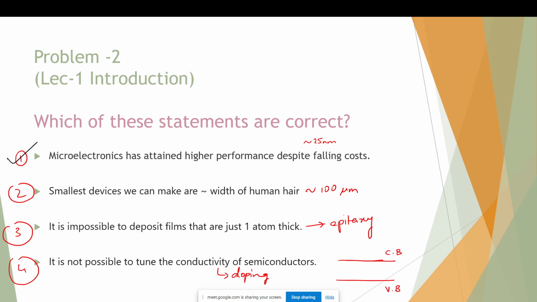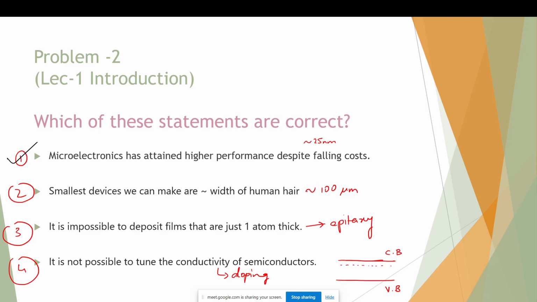By doping silicon, we can create dopant energy levels somewhere close to the conduction band if it's an N type, or close to the valence band if it's P type. With this doping, we will generate extrinsic charge carriers in the conduction band. That will actually tune the conductivity of the semiconductors.